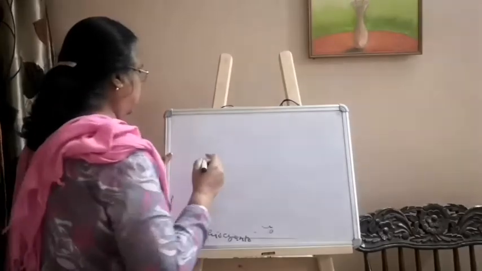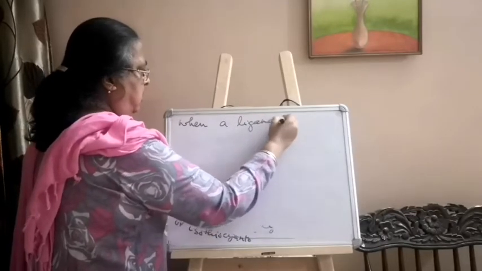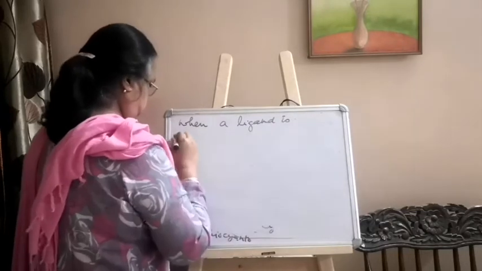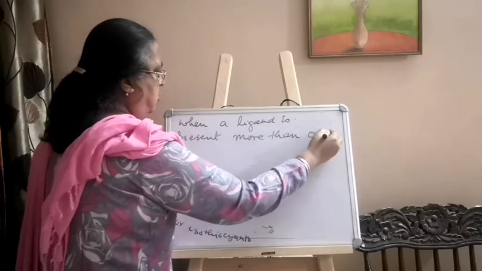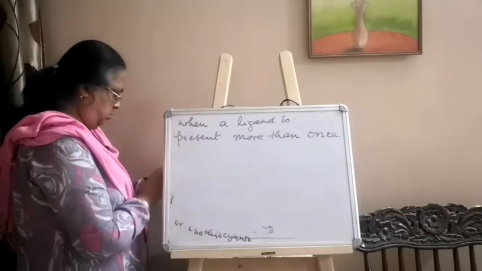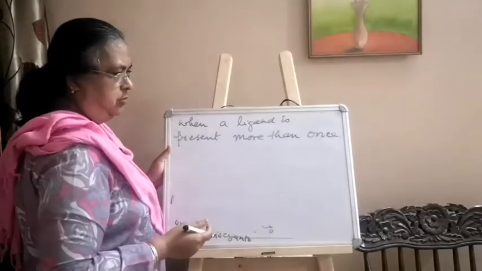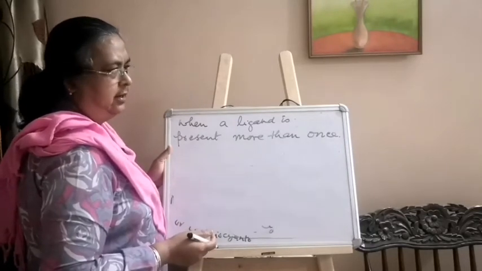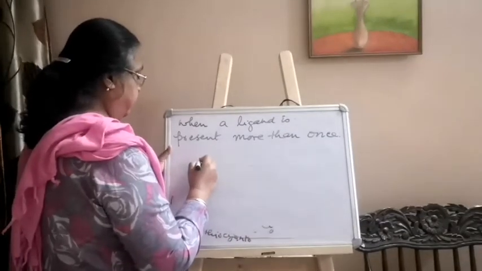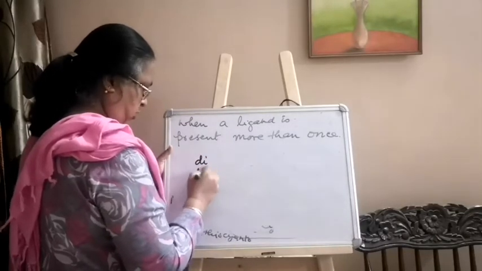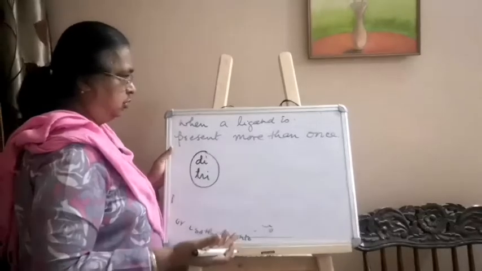The second thing about ligands: when a ligand is present more than once, if it is monodentate like chlorido, bromido, and so on, or acetato, oxalato, where the name of the ligand does not contain the letters di or tri or tetra, like oxalato, acetato, oxo, cyanido.